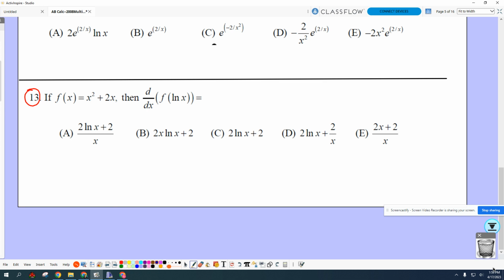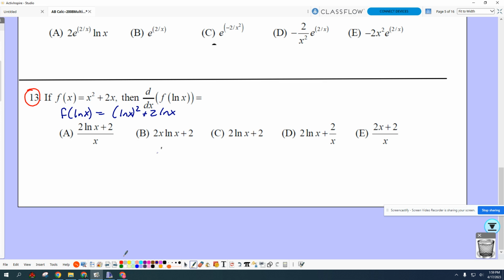What I did, I just put in ln x for x and then did chain rule for the first one. So he said, I just plugged ln x in for x and then did the derivative of this.